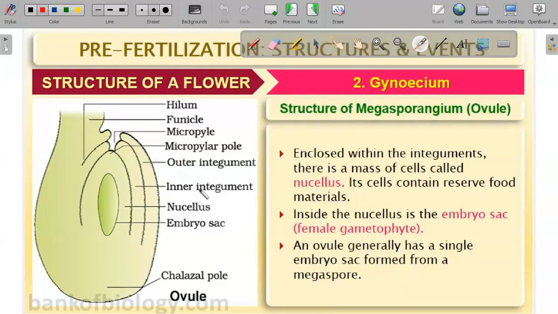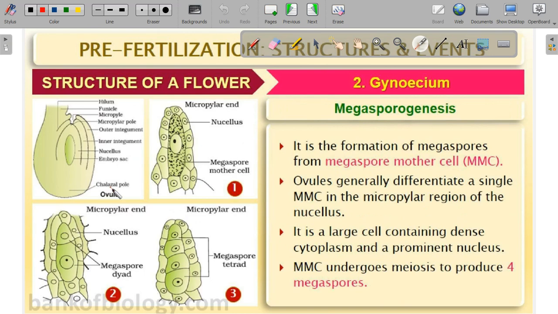So enclosed within the integuments is the nucellus. It contains reserved food material, and inside the embryo sac only the megaspore mother cell is present, which undergoes transformation and mitotic division. First it is meiotic, followed by mitotic, to form a complete embryo sac. About that only we will discuss now.